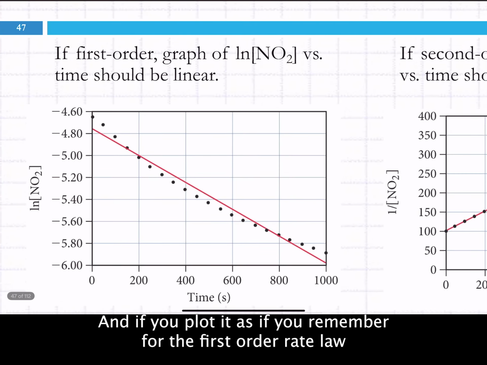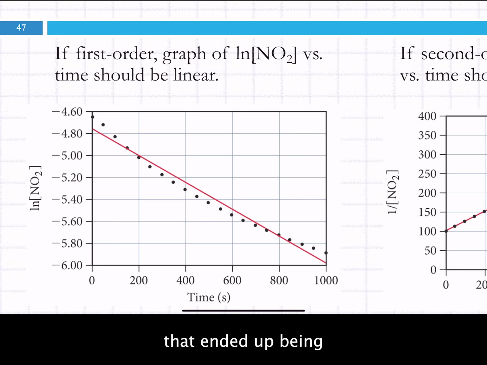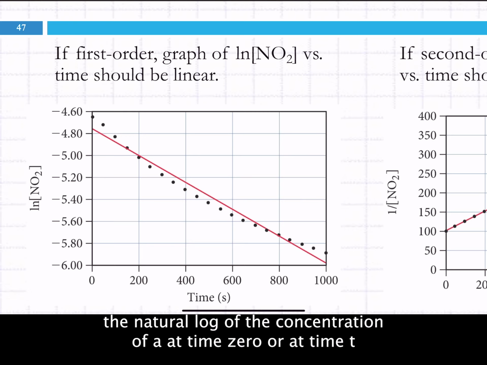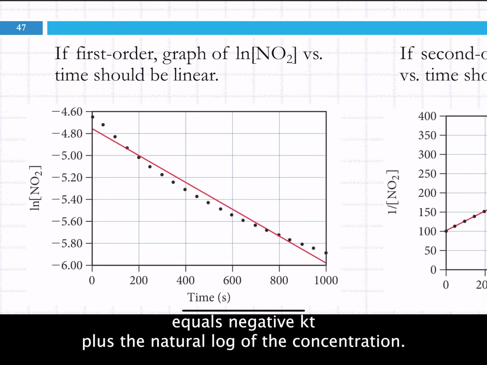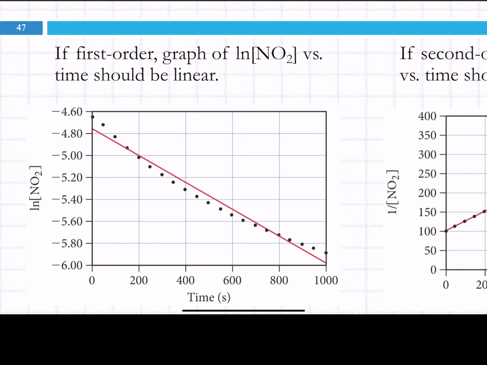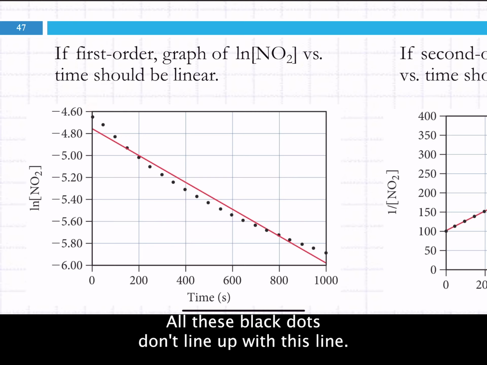If you remember for the first order rate law, that ended up being the natural log of the concentration of A at time t equals negative kt plus the natural log of the concentration at time 0. So if we plotted the natural log, we don't see our data, these black dots, line up with this line.